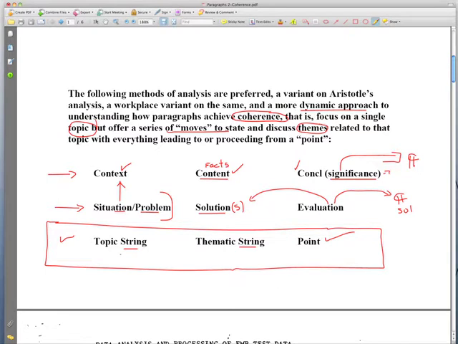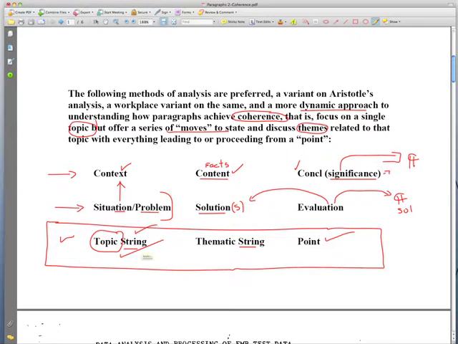The topic string says that somewhere in a paragraph, usually at the beginning, sometimes at the end, depending on how the author writes, the author will set a topic, will make a claim, will make an assertion, will state an interest in a particular topic, and you'll recognize in the who does part of the sentence the beginnings of the nature of a topic.